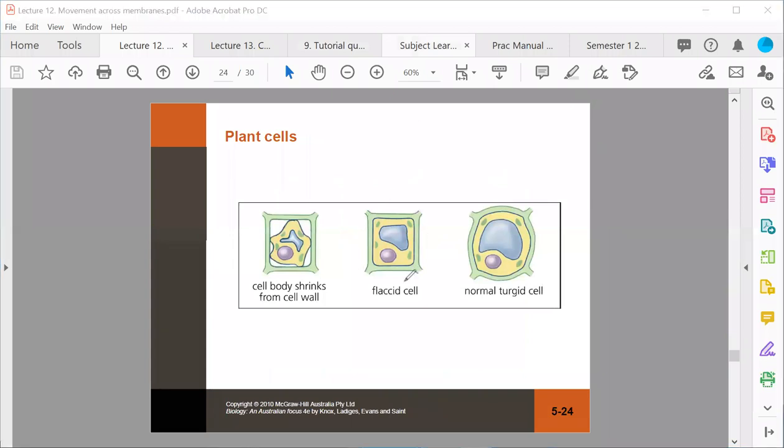Okay, so let's start with this one in the middle. We place a plant cell into an isoosmotic solution.